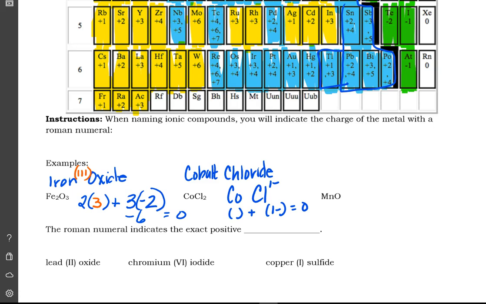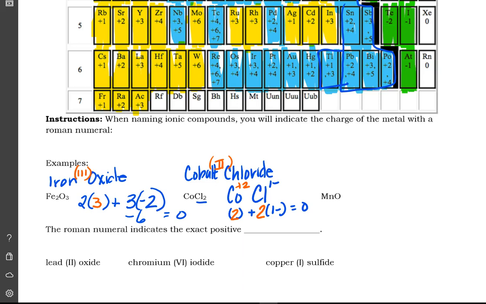If cobalt, but we know how many chlorides do I have in there? We know we have 2. So, X minus 2 equals 0. What does X have to be? Well, it has to be 2, right? So his name is cobalt 2 chloride.